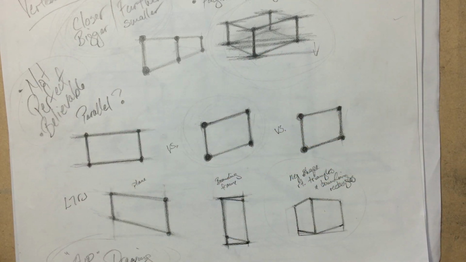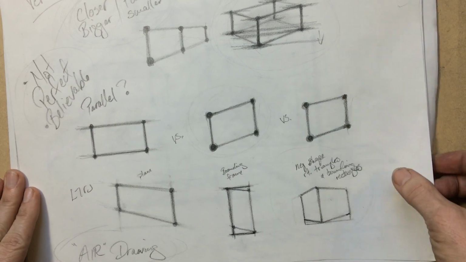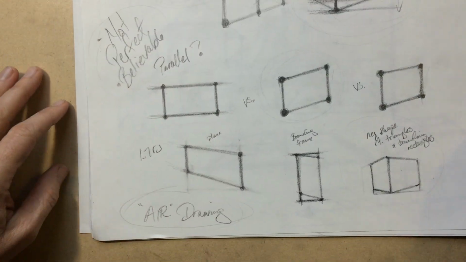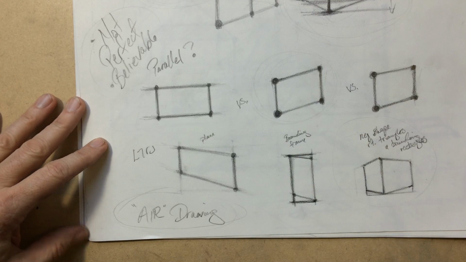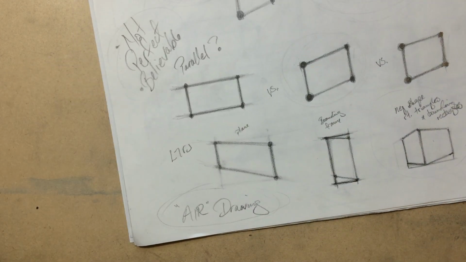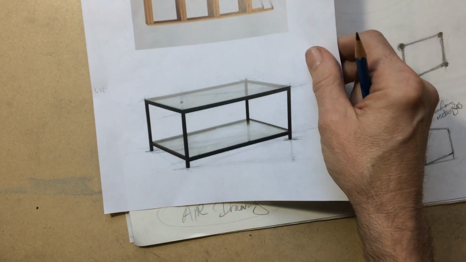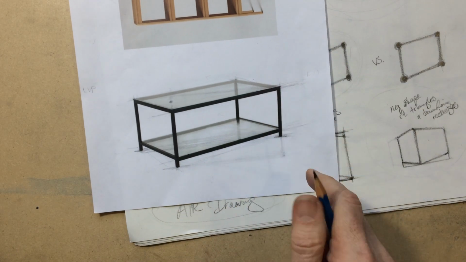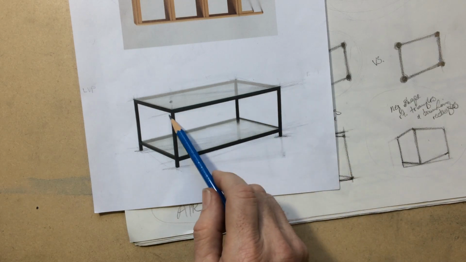And one of the reasons why that plays in, that may seem obvious when I say it, but when you're drawing, a lot of times something will appear very parallel.